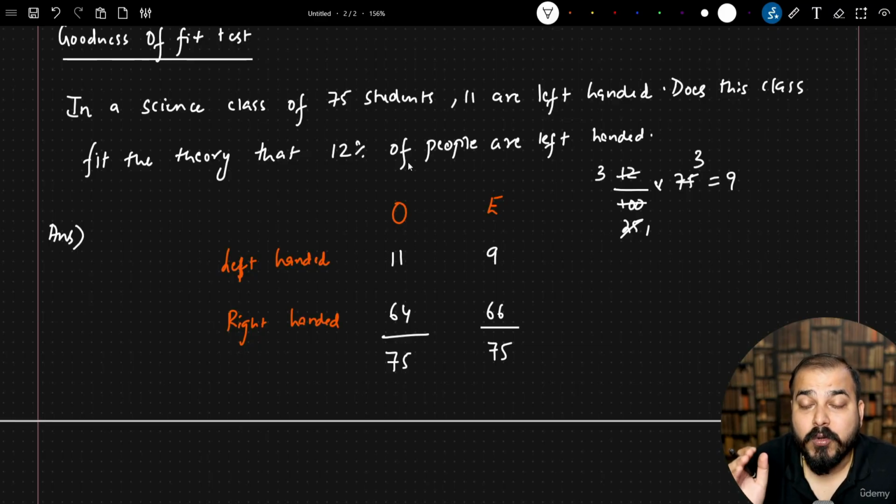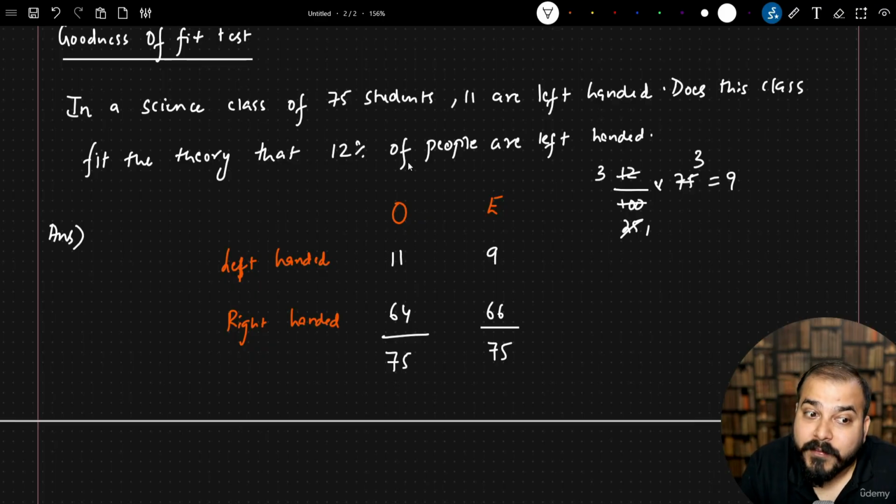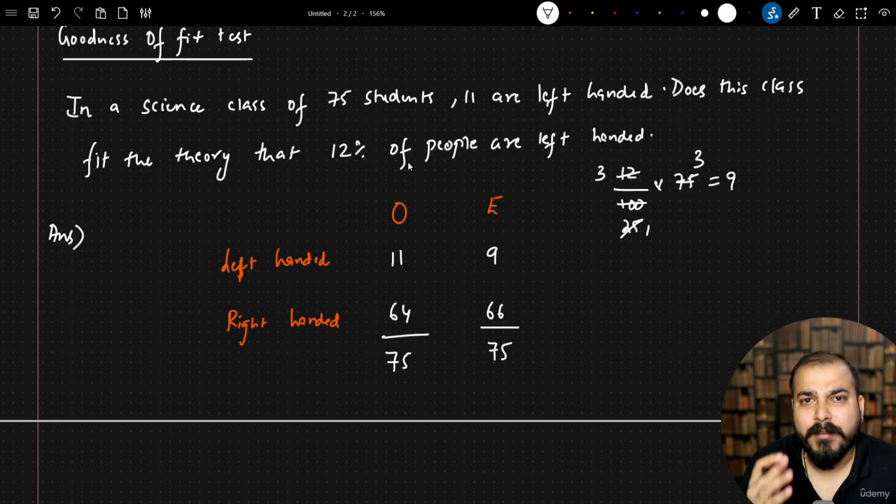Now I need to do a chi-square test to check whether the observed values are a goodness of fit for the expected values. This is what we are going to compare. There is a formula we can use to do the chi-square test, which we will use on a specific problem in the next video.